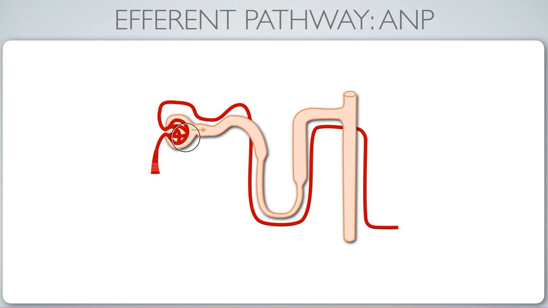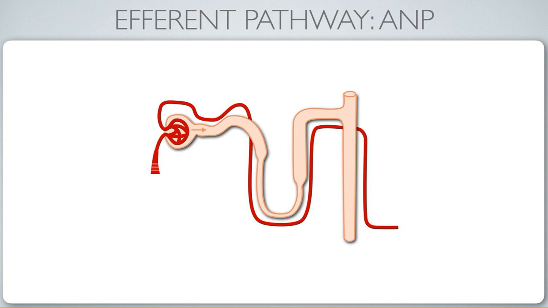Okay, so you remember the Bowman's capsule, and the glomerulus is the site of filtration. So that is the filtrate being produced, and it's being driven by hydrostatic pressure, of course. Like all the capillaries that we've considered, there's an arteriole that's just upstream of that, so the blood would flow into the glomerulus and then through this vessel in that direction right there.